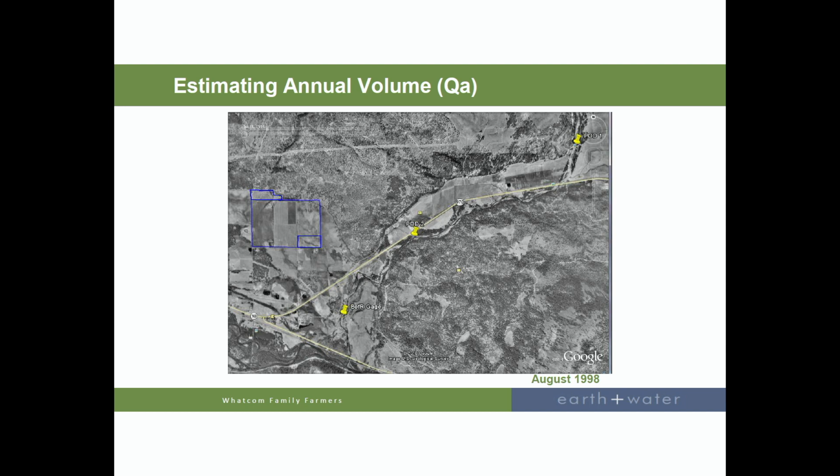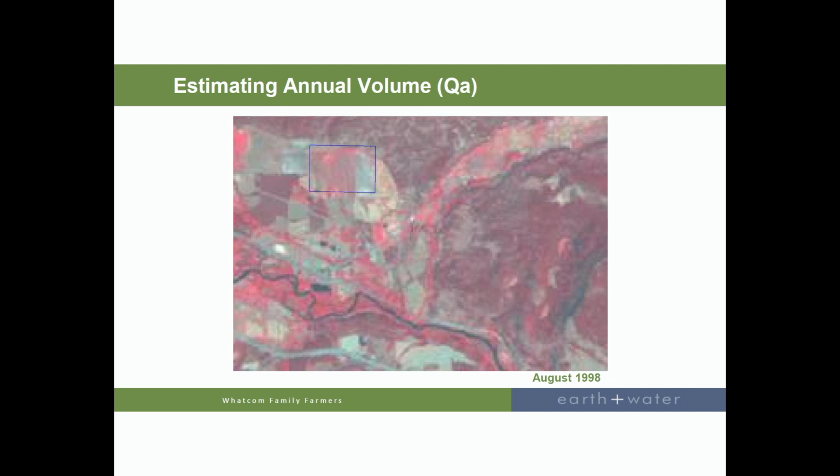It's hard to tell what is going on on this particular property, but this particular map is a Landsat map, so red is showing what's being irrigated, the gray is less irrigated. Again, we're zooming in from the 30,000 foot down to the 15,000 foot, but it's still really hard to tell what's going on in this particular image.